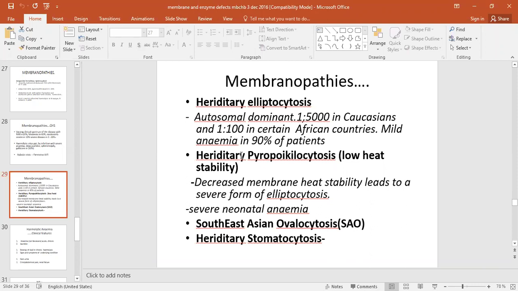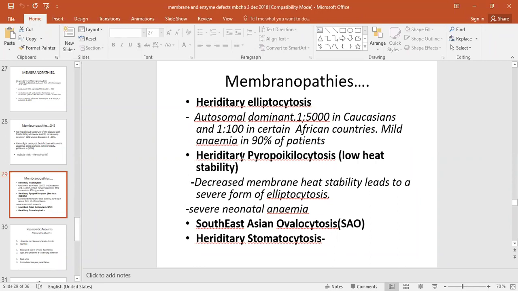What about hereditary poikilocytosis? These are patients where low heat causes some level of instability. So you have a decreased membrane heat stability that leads to severe forms of erythrocytosis. And this can be seen as early as in the neonatal stage of life.